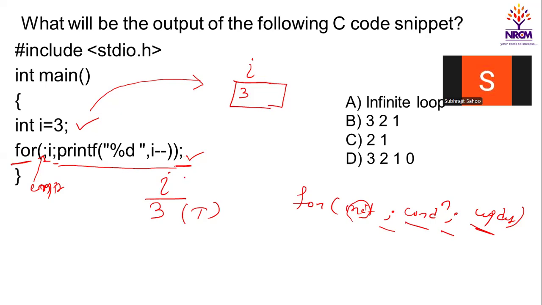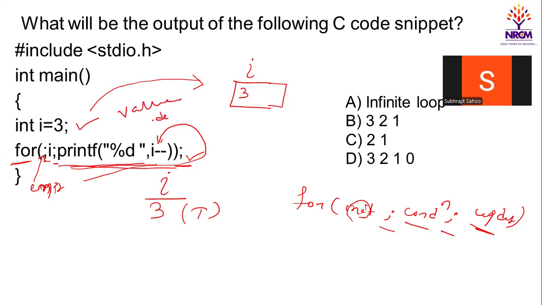Then what will happen? Instead of going to the block, it will go to the updation statement. What is that? printf("%d", i--). This is the updation statement. Sir, what is the meaning of i--?